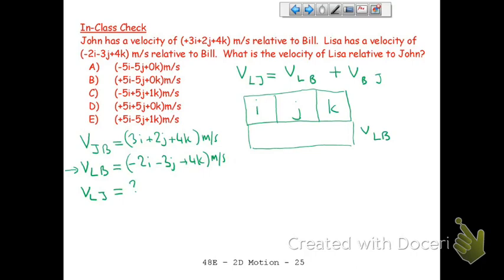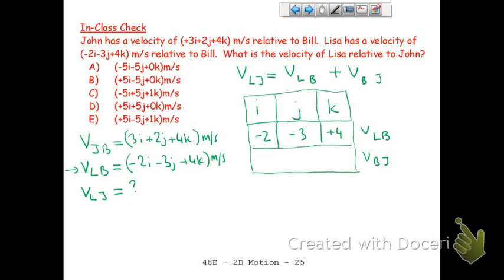That's great, so let's put that down. That's going to be minus 2, minus 3, plus 4. And then the next thing I need is the velocity of Bill relative to John. Oh, I don't have that one.